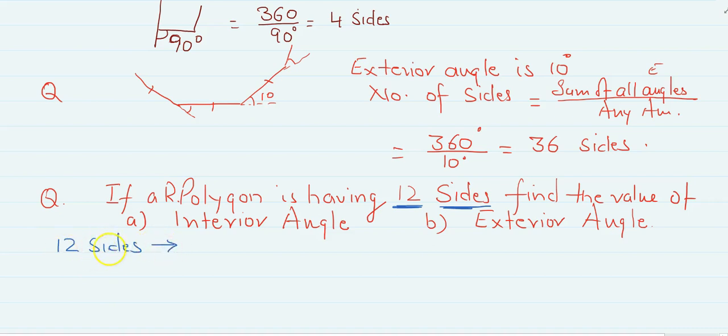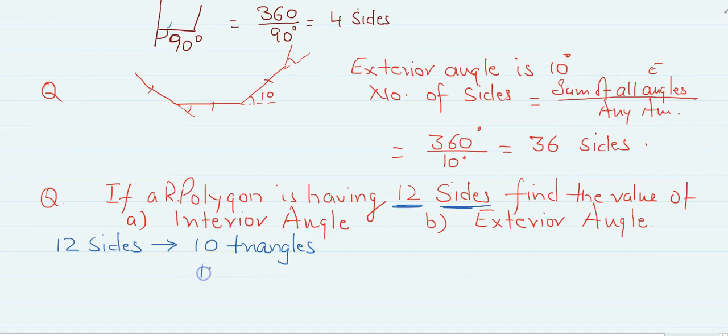As I told you earlier, 12 sides means how many triangles? 12 minus 2, so we have 10 triangles, and the sum of all angles of a triangle is 180. So the total sum will be 1800 degrees.